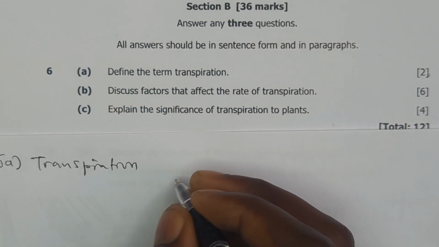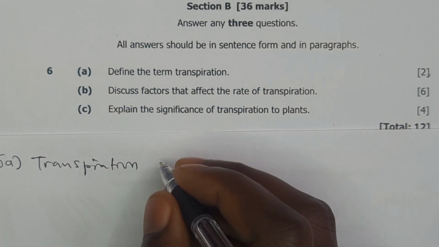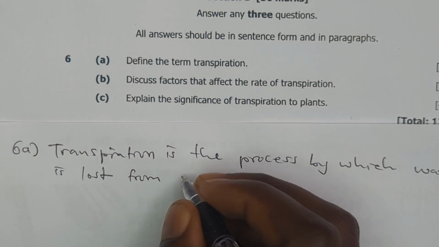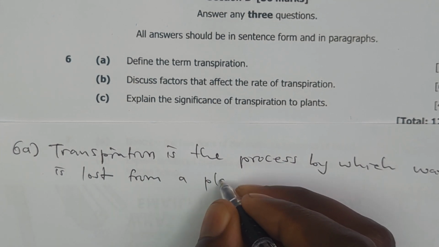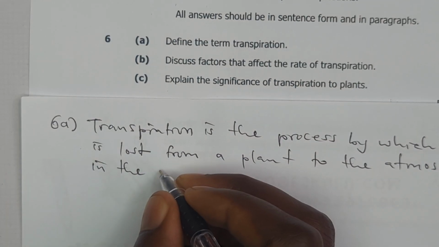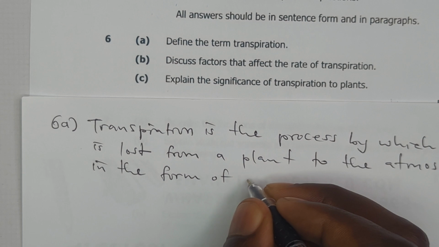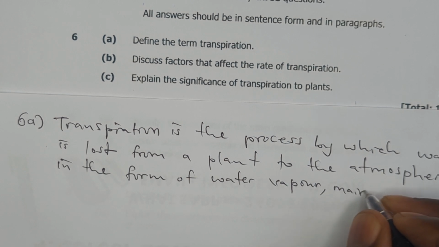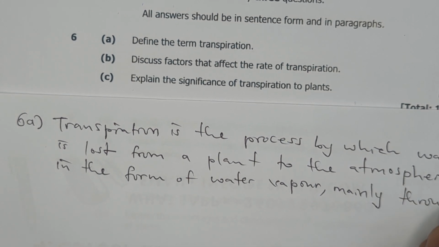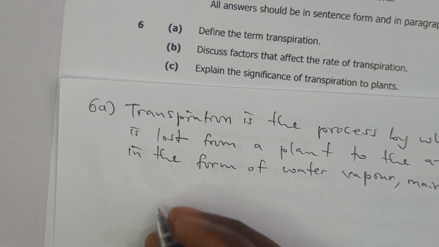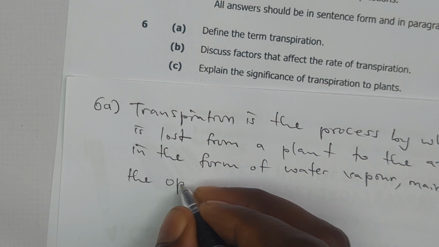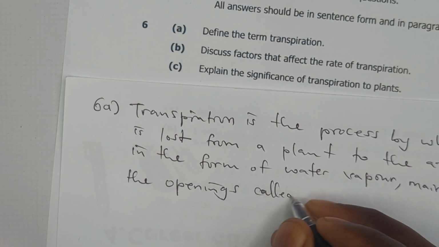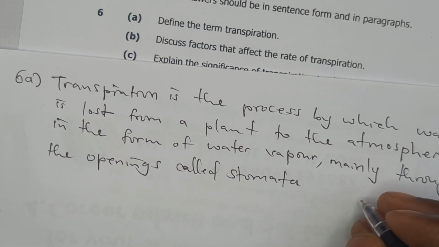Transpiration. This is the process by which water is lost from a plant to the atmosphere in the form of water vapor, mainly through the openings called stomata in the leaves.